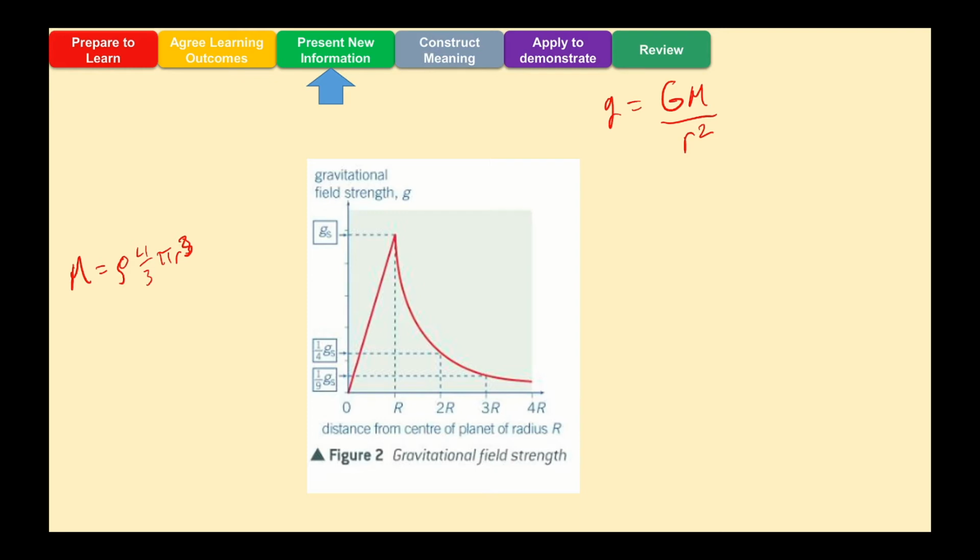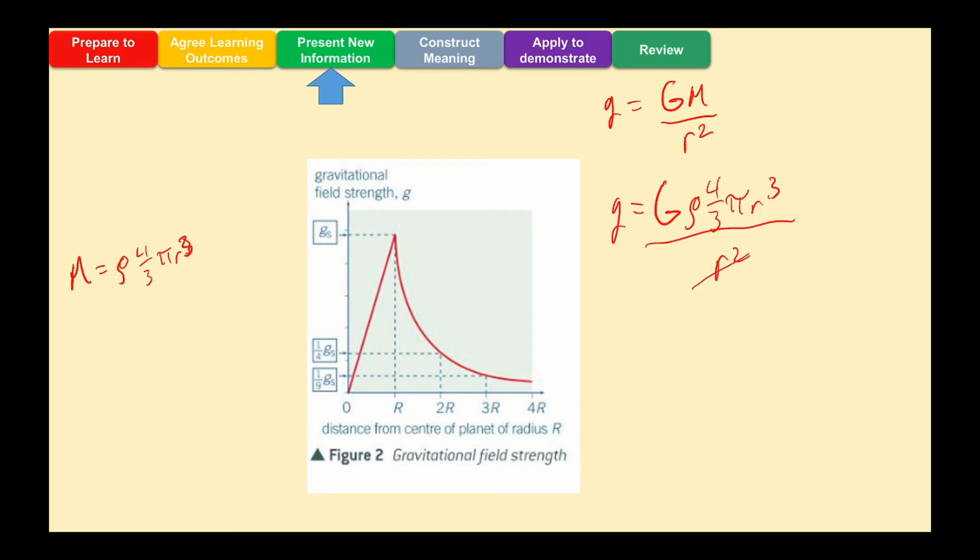Now, if we combine this, because below the surface of the Earth, mass is not constant, it is a function of the radius. We can combine these so that g is big G times rho 4/3 pi r cubed divided by r squared.